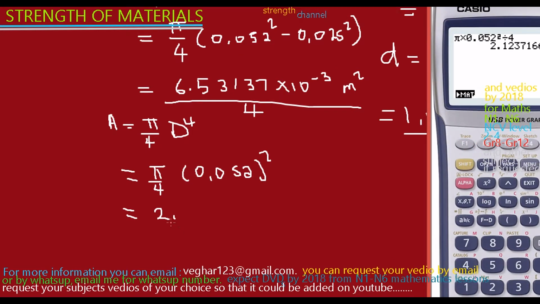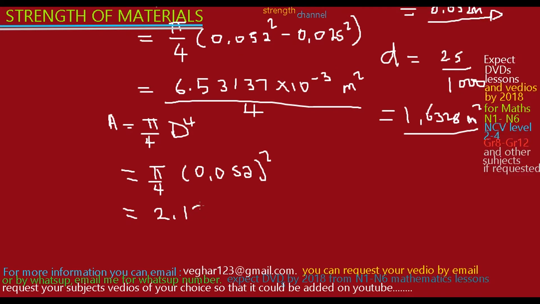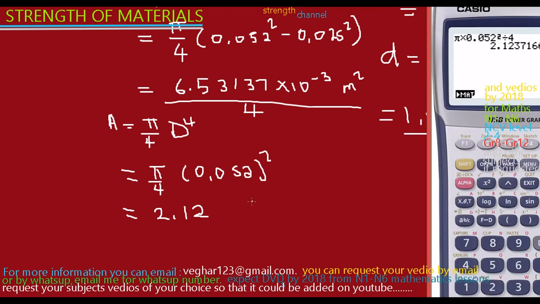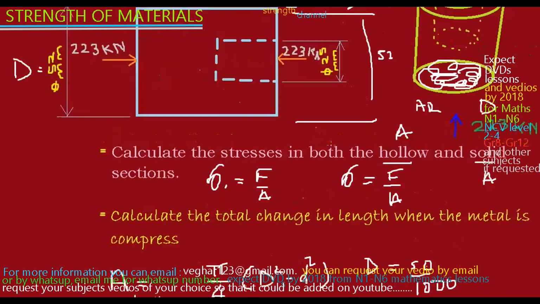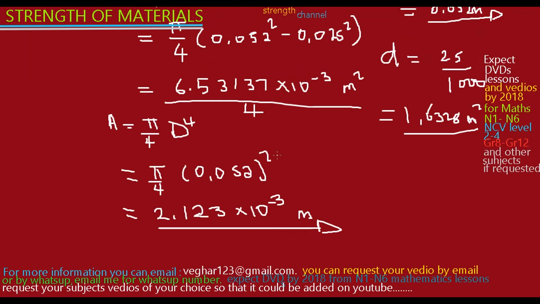The reason why it's big is because it's the area without the void, so nothing is subtracted from it. So you'll have times 10 to the negative 3 meter squared. So you have the areas now. We are looking for stresses.